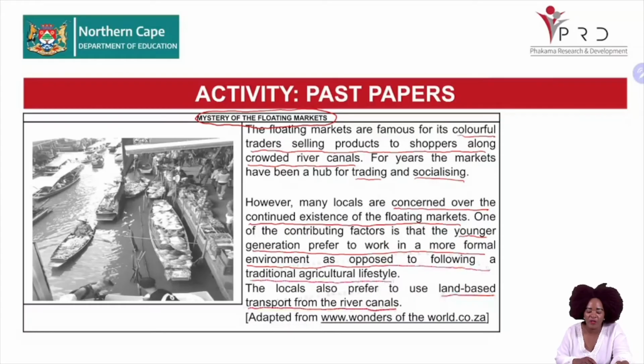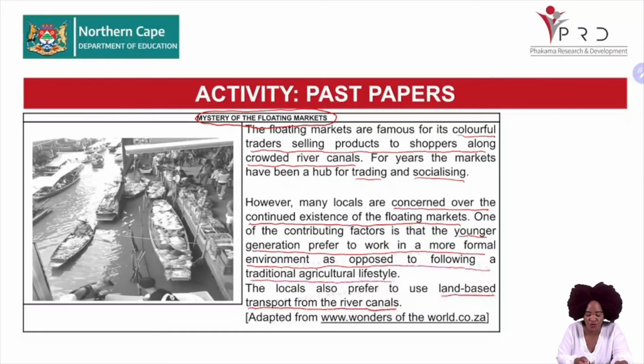However, many locals are concerned over the continued existence of the floating markets. One of the contributing factors is that the younger generation prefer to work in a more formal environment as opposed to following a traditional agricultural lifestyle. The locals also prefer to use land-based transport over the river canals.